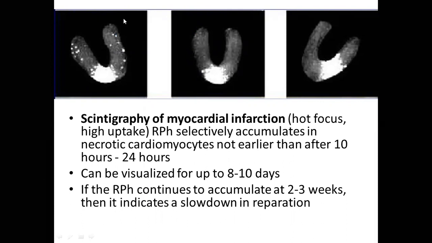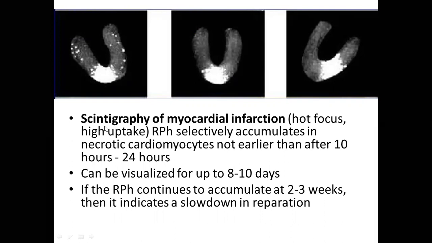So in this case, the hot spot or high uptake of radiopharmaceutical visualizes and gives us information about the actual area of infarction, and also some hidden areas of ischemia.